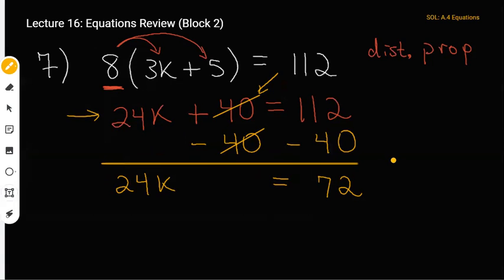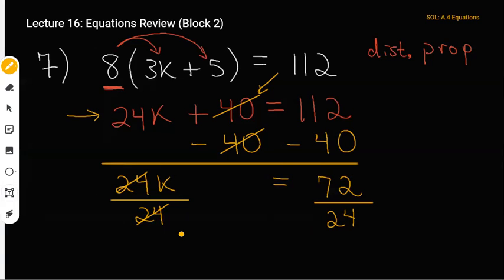All right, so the last thing I need to do is get rid of that 24. Since it's being multiplied by k, I'm going to do the opposite. I'm going to divide both sides by 24. That's going to cause these 24s to cancel out, because essentially I have 24 on top and a 24 on the bottom.